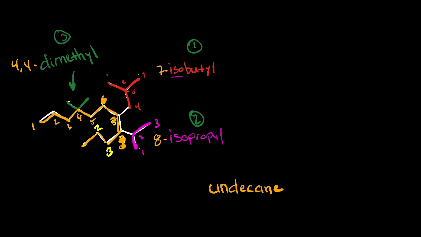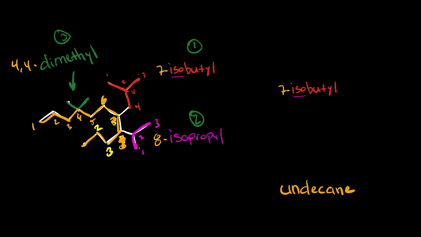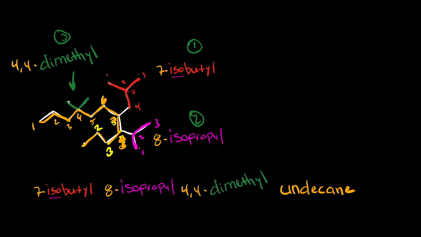So now we can assemble this word. Move this undecane over here because it's probably going to be long. 7-isobutyl is the very first one down here. 8-isopropyl, it's going to go down here, and then 4,4-dimethyl is going to go right there. Let's give that a little twist.